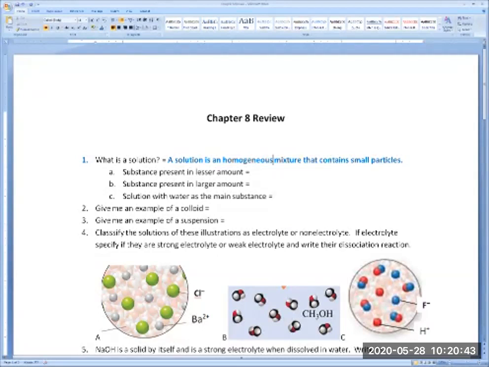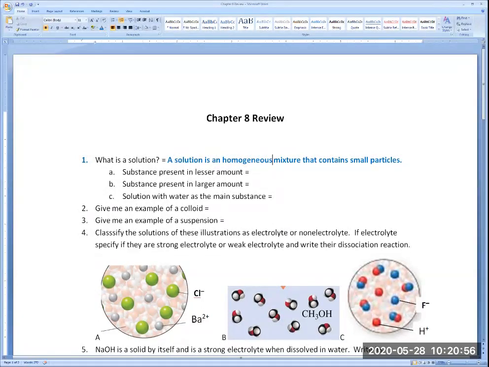That's why it's a mixture, but it looks like one. You cannot tell that there is more than one substance in there. It looks the same throughout. And heterogeneous, the other term, means you can definitely tell the different substances within the mixture.